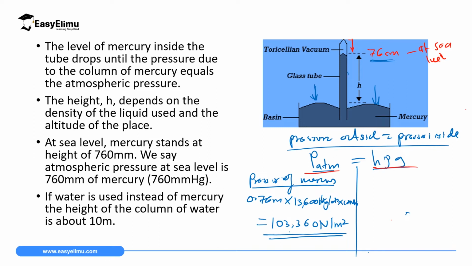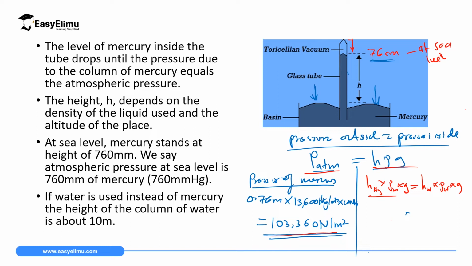So at this place, atmospheric pressure is the same as the pressure due to the mercury. So if we know the pressure due to the mercury, the height of the mercury times density of mercury times gravitational constant, this pressure will be the same as when we use height of water times density of water times gravitational constant.